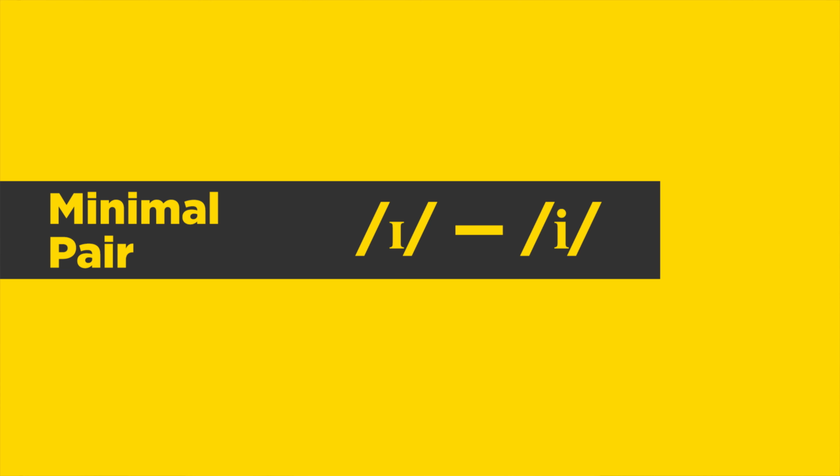The best way to remember the difference between I and E is, of course, by comparing them in a minimal pair. In our case, the minimal pair is I and E. English examples are it, eat.